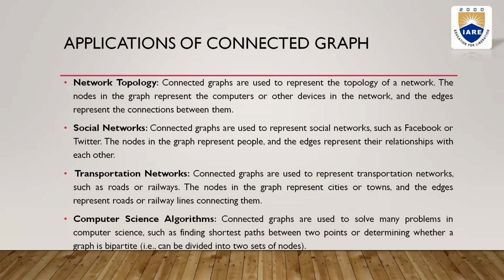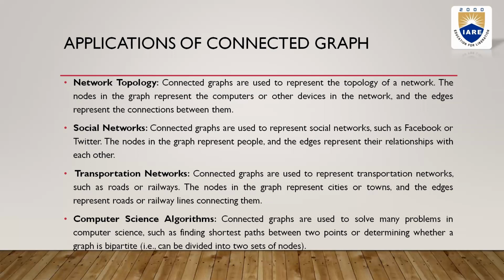The fourth one is computer science algorithms. Connected graphs are used to solve many problems in computer science, such as finding the shortest path between two points or determining whether a graph is bipartite, that is, can be divided into two sets of nodes. These are the four applications of connected graph, and these four are frequently used.